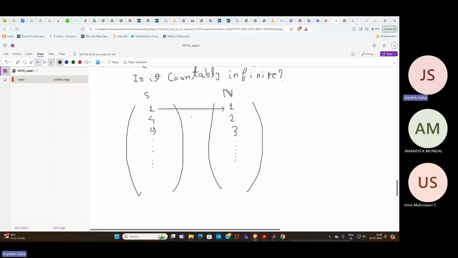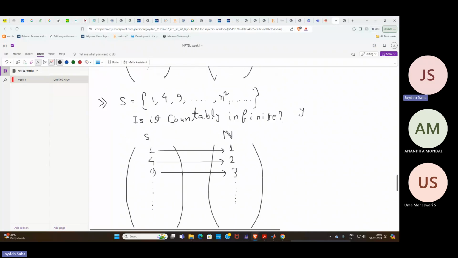We can map the elements of set S. Let's assume 1 is mapped with 1, 4 is mapped with 2, 9 is mapped with 3 and so on. So the answer is yes.